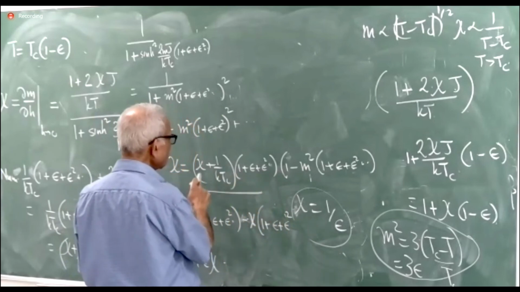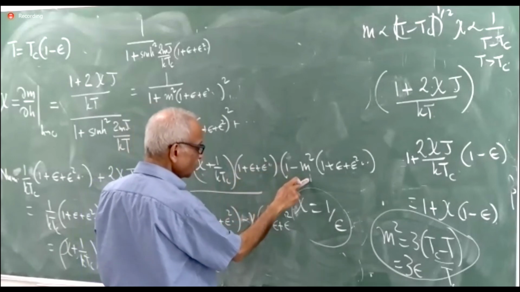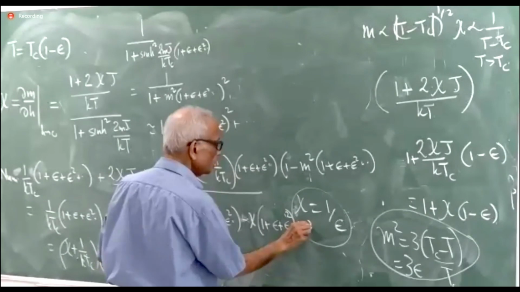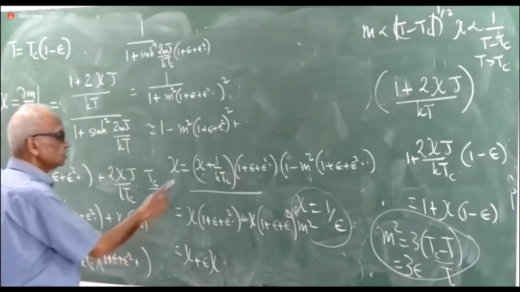It is chi into this into minus m square, which is the bigger term, and that has to be the larger term over here.